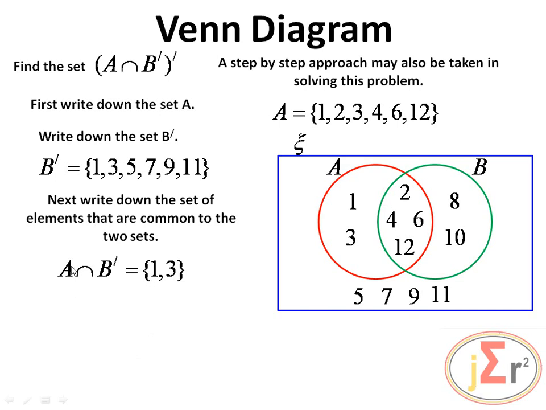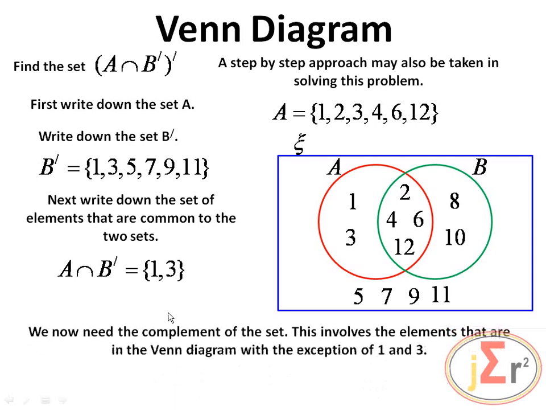So we need not A intersection B complement, as we see here. We need A intersection B complement, all complement. That is, we need all the elements of the Venn diagram that are not in this set. So we now need the complement of the set. This involves the elements that are in the Venn diagram with the exception of 1 and 3.